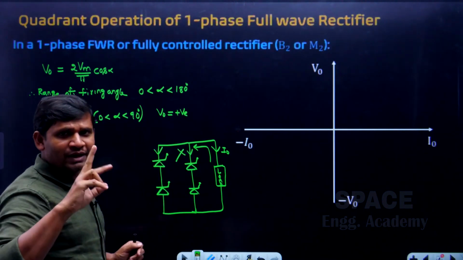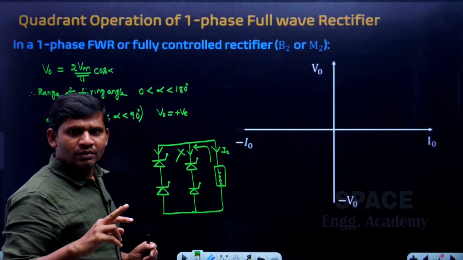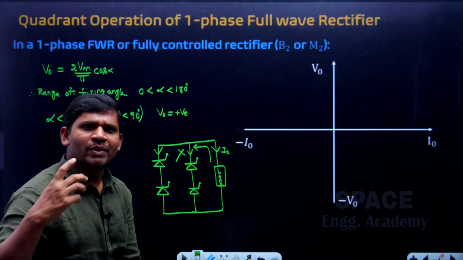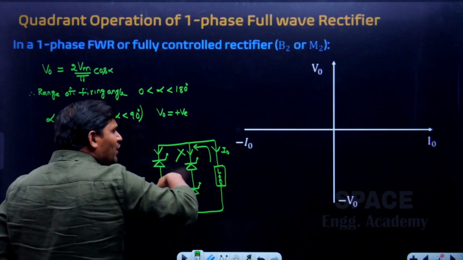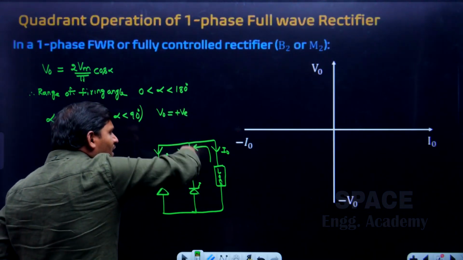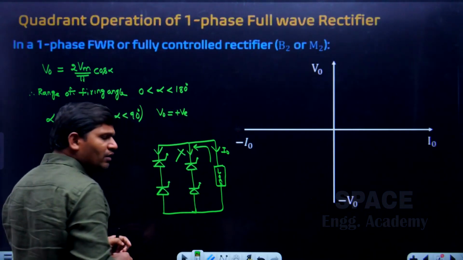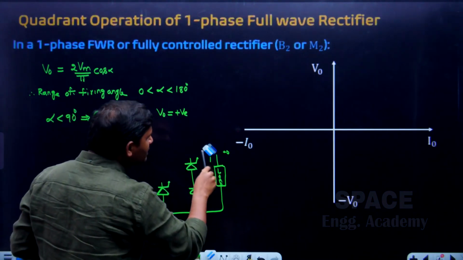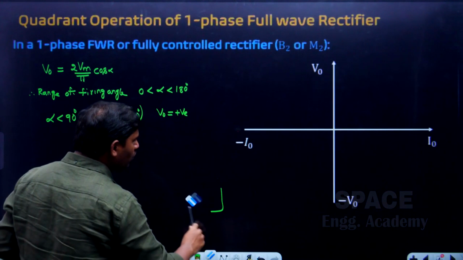But in a dual converter the current is negative. But in a half wave rectifier or full wave rectifier, students, the current is never negative. Why? The thyristor cannot allow current in the reverse direction, so the current is always positive. For any firing angle the current is always positive, that you have to concentrate on.